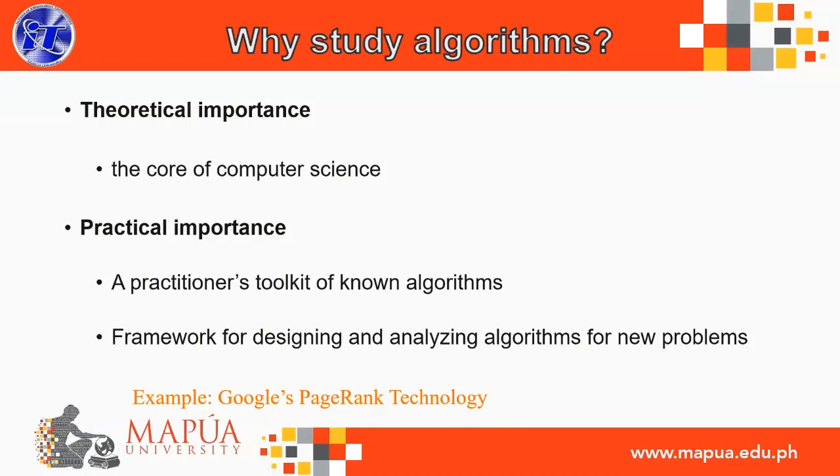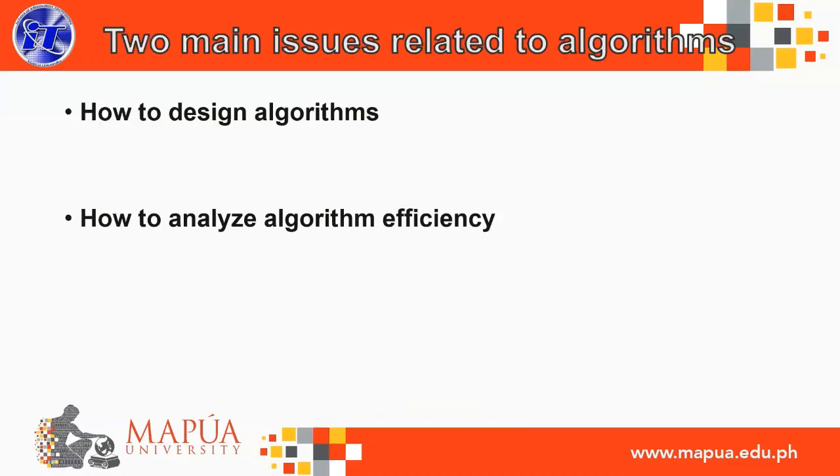As computer scientists, we need to know that. Okay. So again, our two main issues related to algorithms are how to design and how efficient our algorithm is.